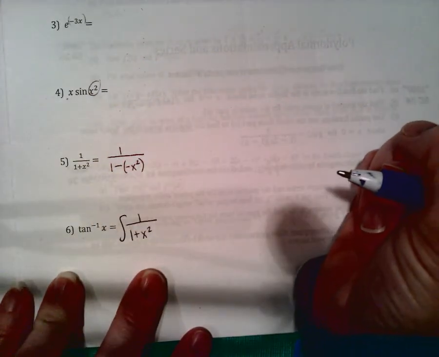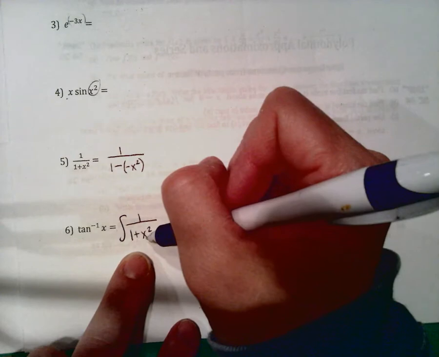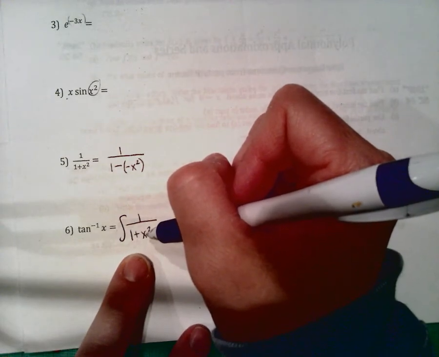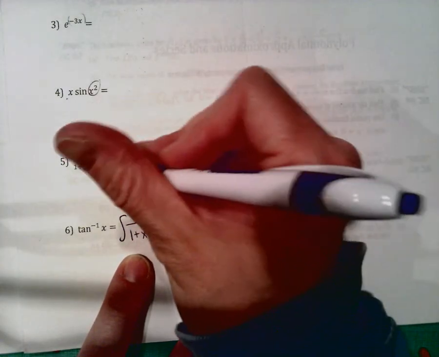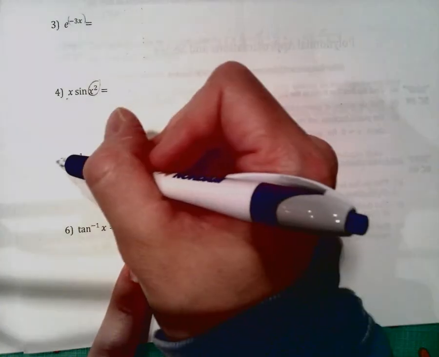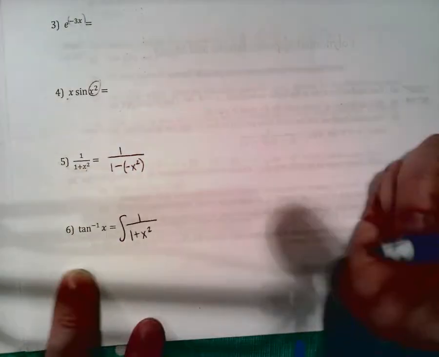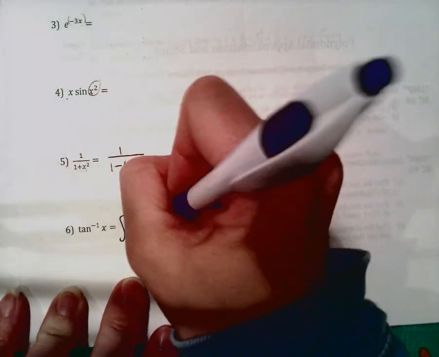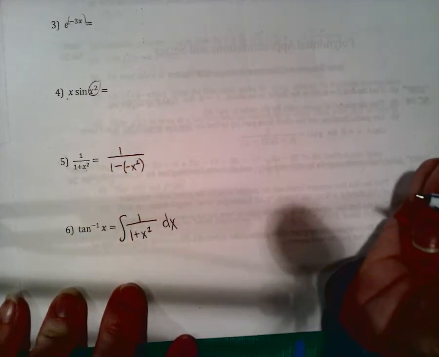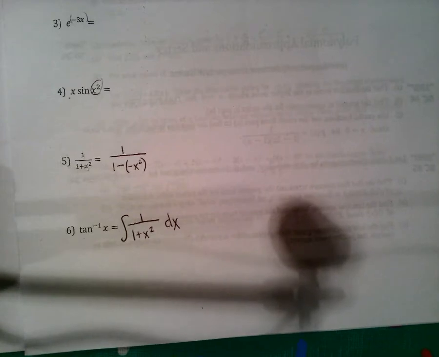Well, 1 over 1 plus x squared is sort of similar. Oh, that's what we're doing above. So take your answer for number 5 and integrate it to get your answer for number 6. Interesting. Okay, so that's what you'll do on page 13.